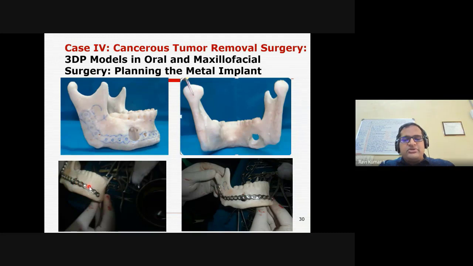You may have doubts, sir: you have already designed an implant, so why go with the conventional method? Yes, actually this was our first attempt to implant it, but we could not succeed. Why? Because we need to take several clearances, ethical clearances, and other approvals to implant it.